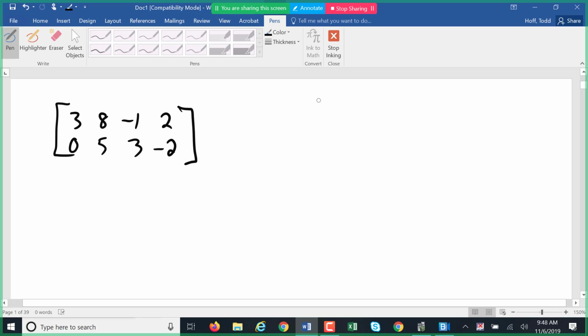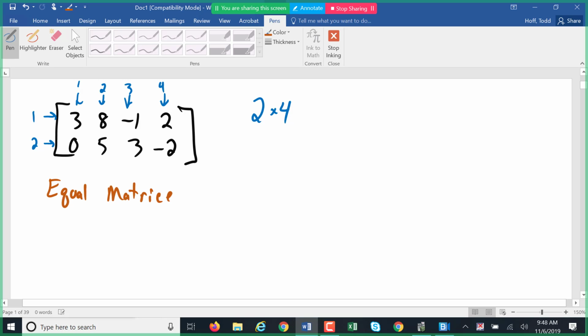This matrix here has 2 rows and 4 columns. That is a 2 by 4 matrix. If I have two matrices to be equal, that means corresponding elements must be equal.